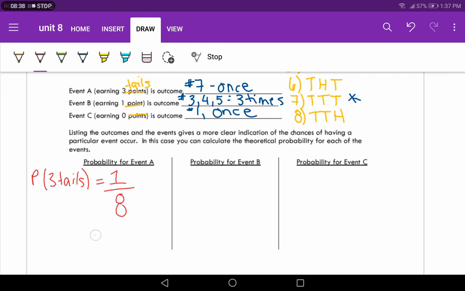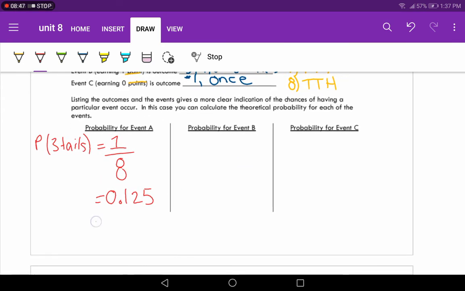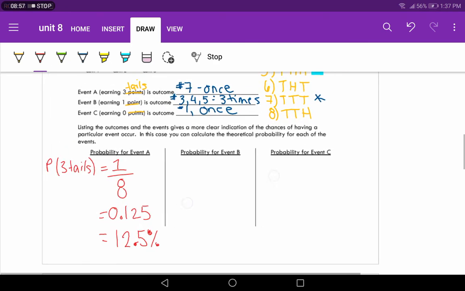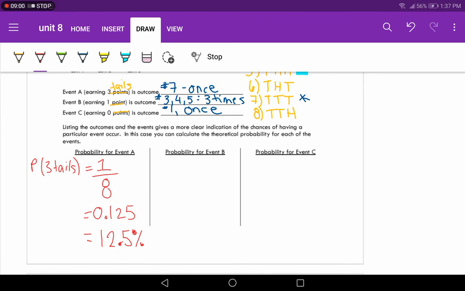Okay, so again, putting that into a decimal, 1 divided by 8 is 0.125. 0.125 times 100 is 12.5%.